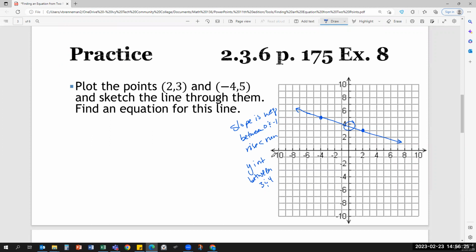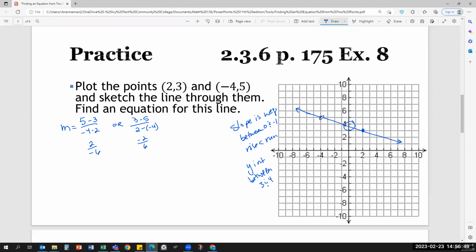So let's take a look at doing the actual calculations. So the slope, I can do 5 minus 3 over -4 minus 2, or I could do 3 minus 5 over 2 minus -4, getting 2 over -6, or -2 over 6.